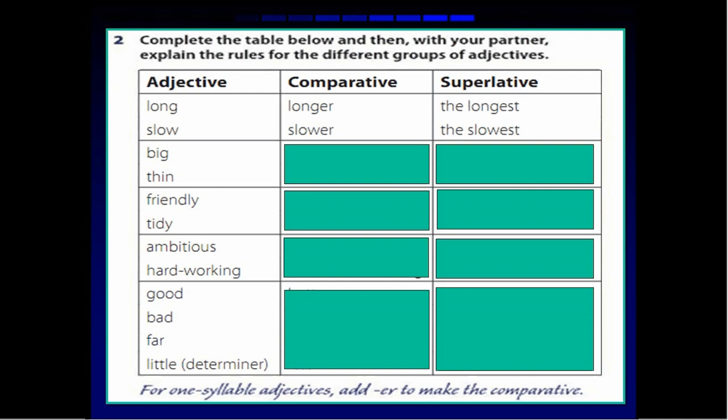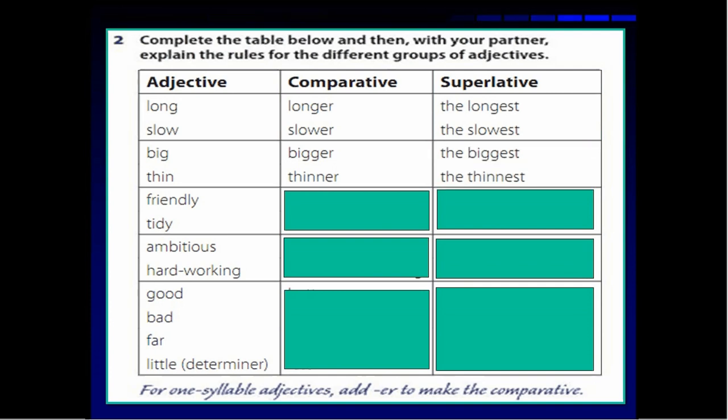Next one, big, thin, bigger, thinner. And concentrate. We have to double the letter G in bigger and the letter N in thinner. The same for the form superlative.